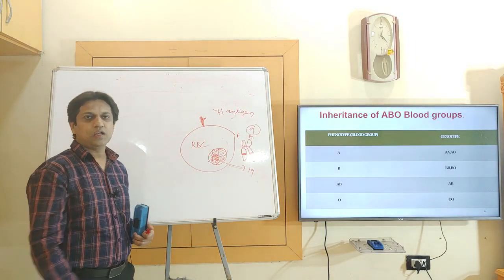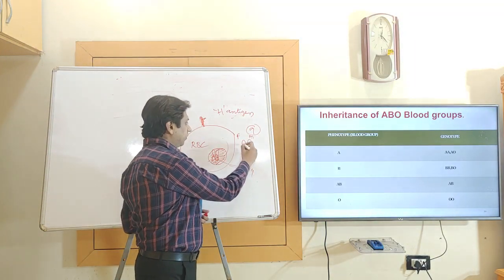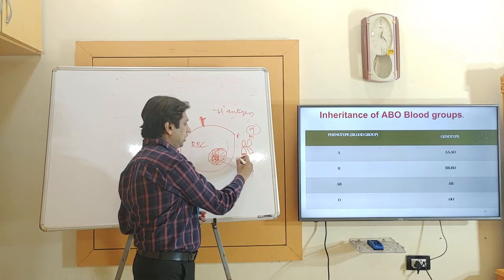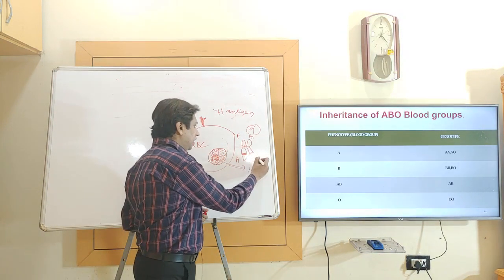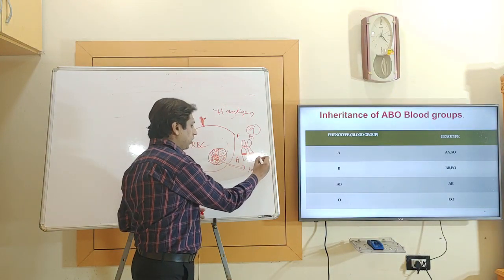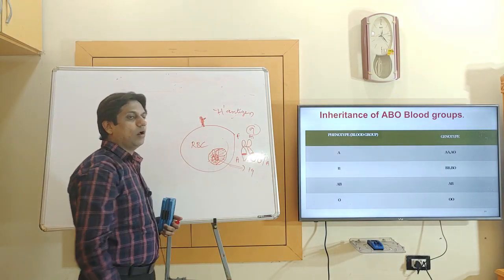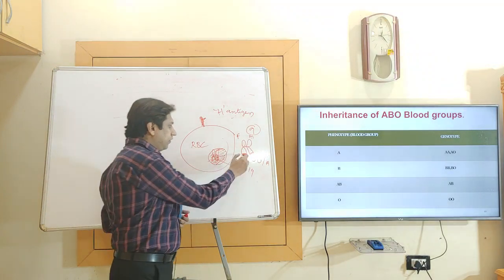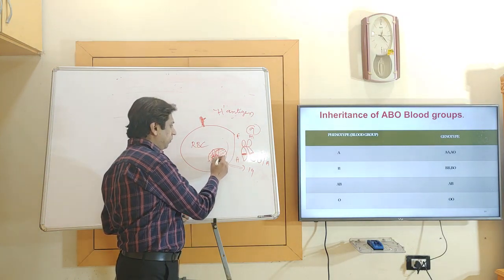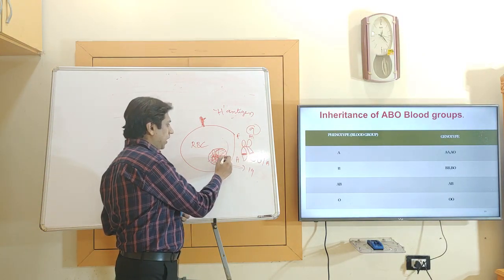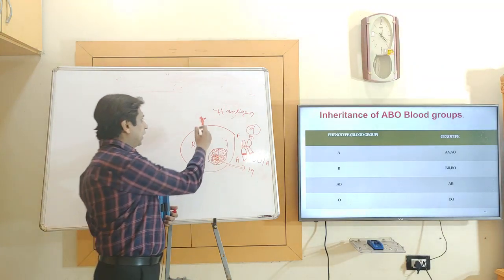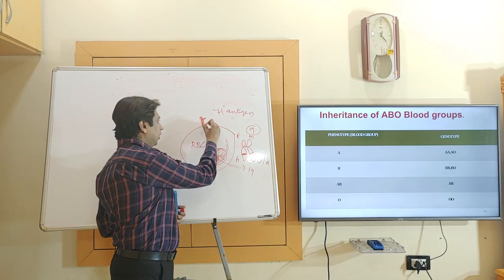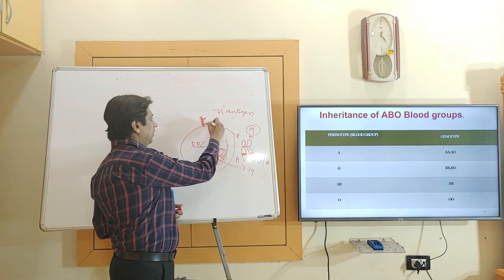One chromosome is derived from the father and the second chromosome is derived from the mother. Suppose the father has inherited gene A and the mother has inherited gene O or A. This gene is transmitted from chromosome 9 and leads to the formation of an enzyme, transferase, that acts at the terminal sugar, N-acetyl galactosamine.